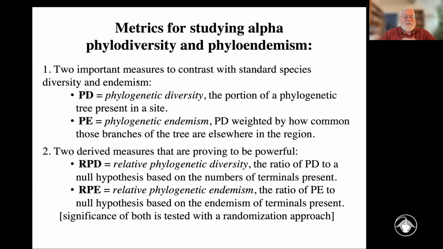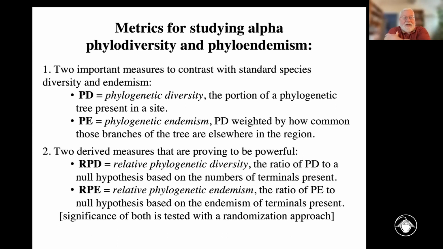So the two metrics we're going to use, two of which I introduced before, but I'll mention again. The phylogenetic diversity is basically the proportion of the global phylogenetic tree that's present in a particular place. It could be as much as 100% if every organism is in that space, but it's usually less. And then phylogenetic endemism is that PD weighted by how common the branches of the tree are. And I'm going to show you an example of what I mean by that.